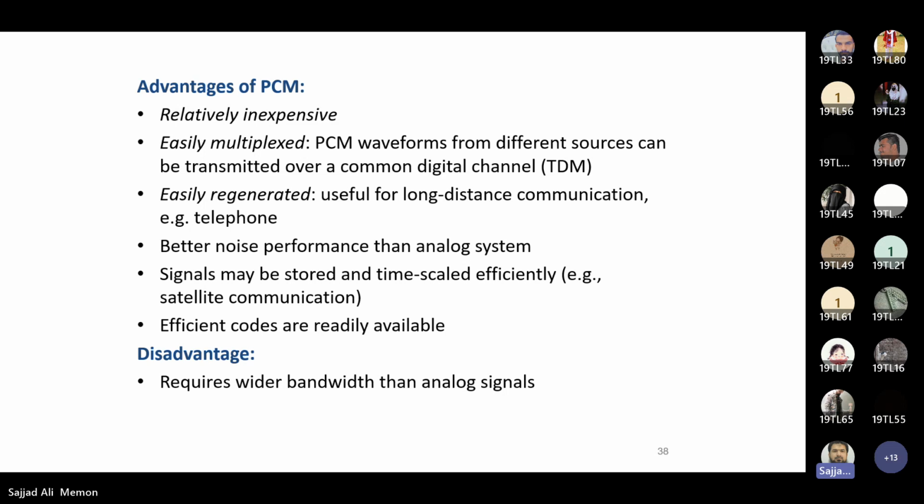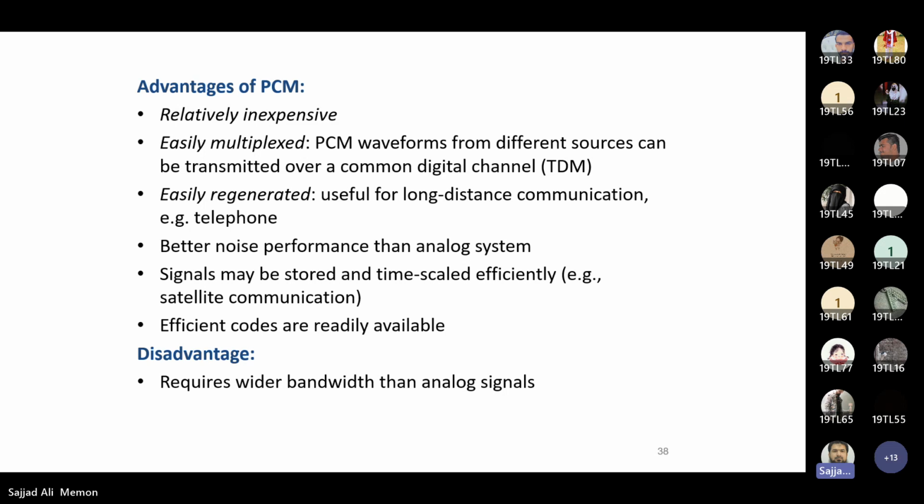As PCM is based on bits, we can multiplex these bits from different sources and transmit them onto a single transmission line using time division multiplexing. Means in different time slots and frames we can multiplex multiple sources onto one. So that is how we make the E1 carrier from this PCM.